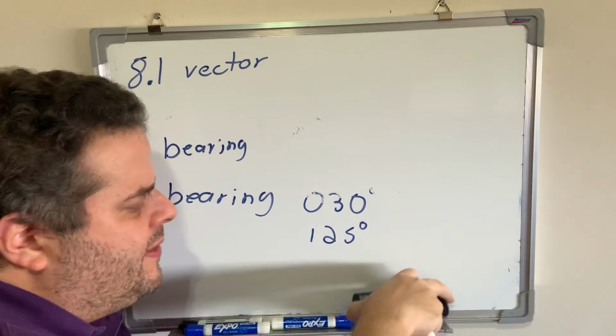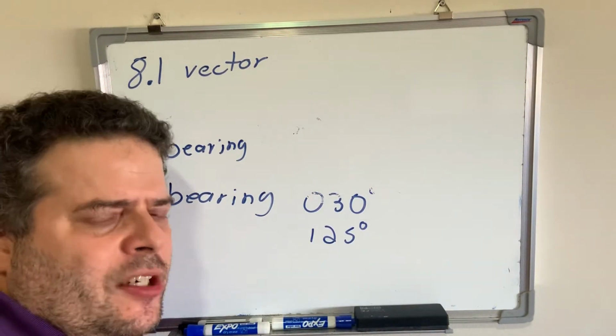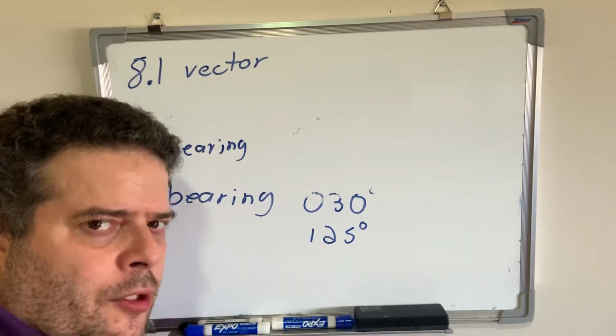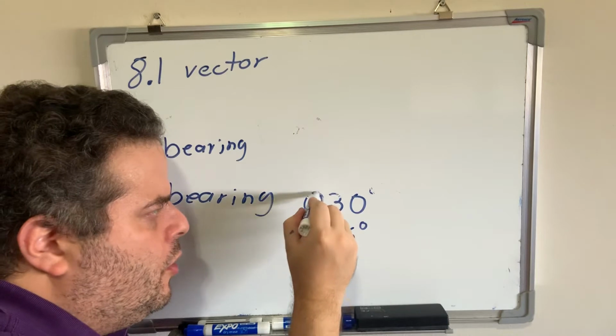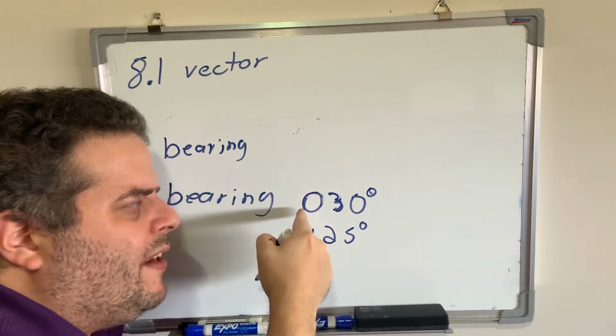Now, the other way you can see the word bearing is when you're not given an actual direction. You're just given bearing and a degree value. Now note, you will always be given 3 digits, even if it's a 0 in front.